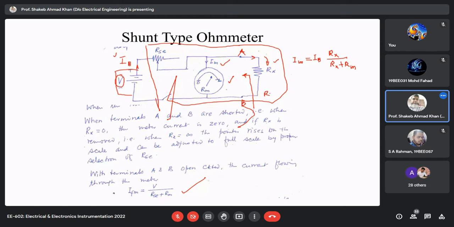And obviously in this circuit, we can write it like this: the Thevenin equivalent resistance, approximately V Thevenin.